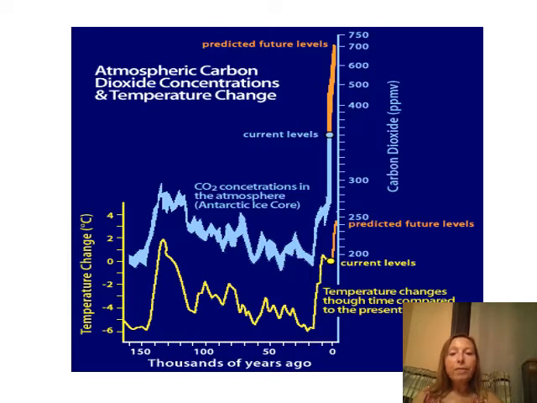Here is the history of our glaciations and interglacials, and we know that for many thousands of years, CO2 concentrations have been changing, following roughly the pattern of Milankovitch cycles. They have been following the pattern of the temperature of our planet. And we have experienced many ups and downs, and now here we are.